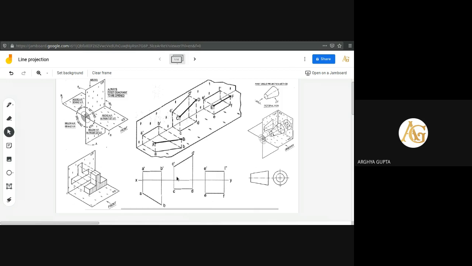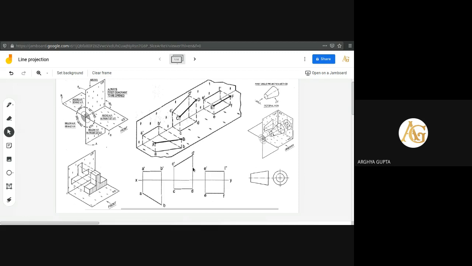So how are the drawings drawn? First the reference line is drawn, and the distances. The C point will be some distance above the horizontal plane, and the inclination of the line will be something. So the distance is taken, and then the inclination is drawn. Then the D point will be found, and two projection lines are drawn.